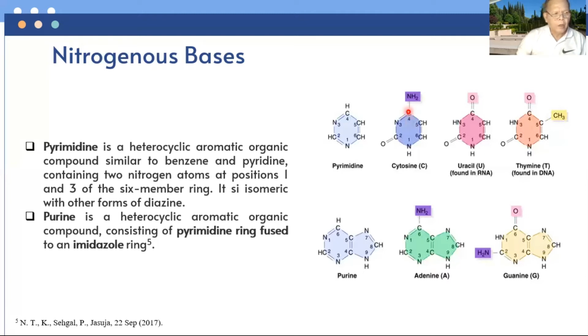We can see this one. The number of rings in this base determines whether the base is a purine, 2 rings, or a pyrimidine, 1 ring. The purine on the strand of DNA forms a hydrogen bond with the corresponding pyrimidine on the opposite strand of DNA and vice versa to hold the two strands together.